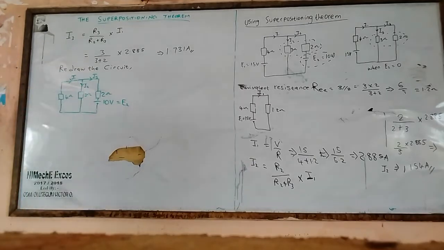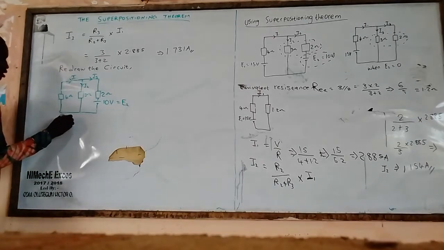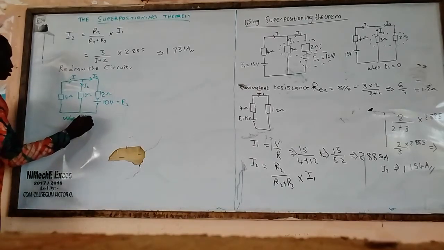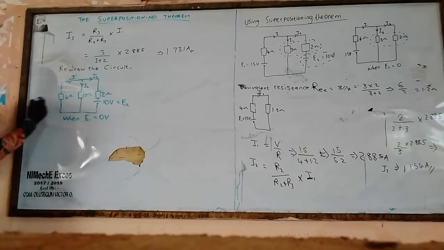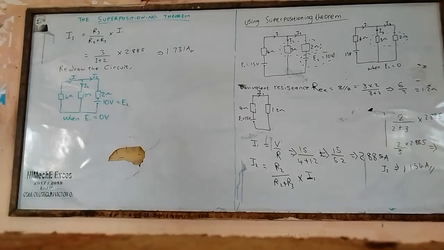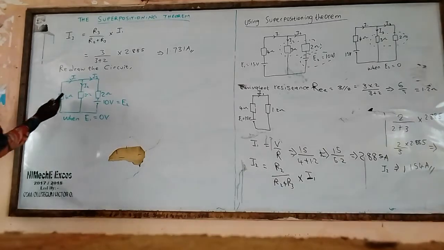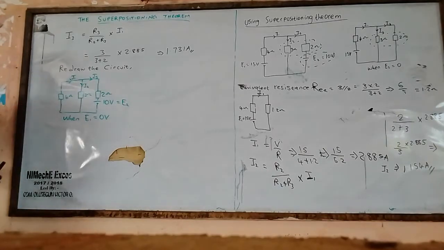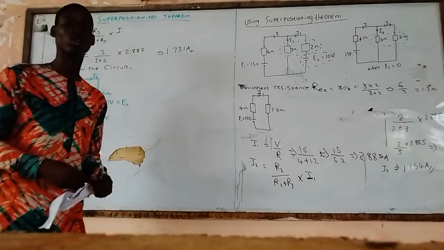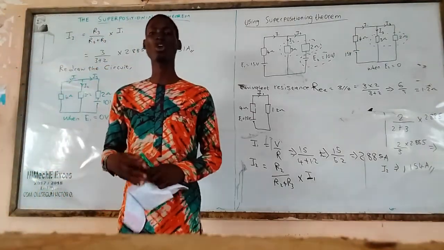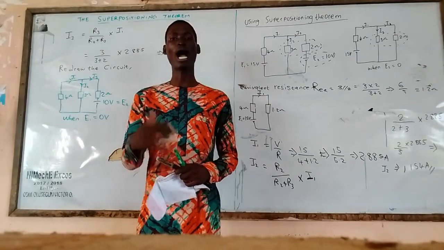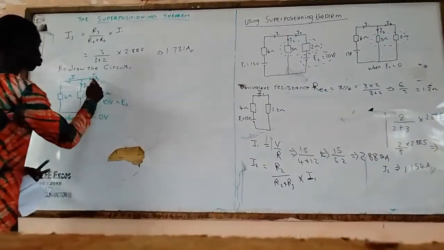Now we are asked to solve it. E1 is equal to 0 volt. That means it has been short circuited. But for this point, all the current will be going in this direction, that means the opposite direction. And when they are going in the opposite direction, our I3 will be going like this.